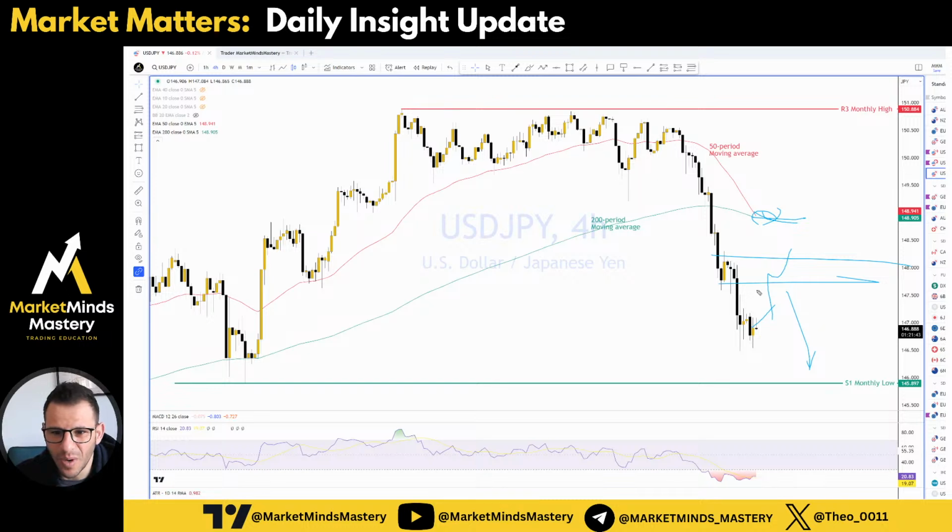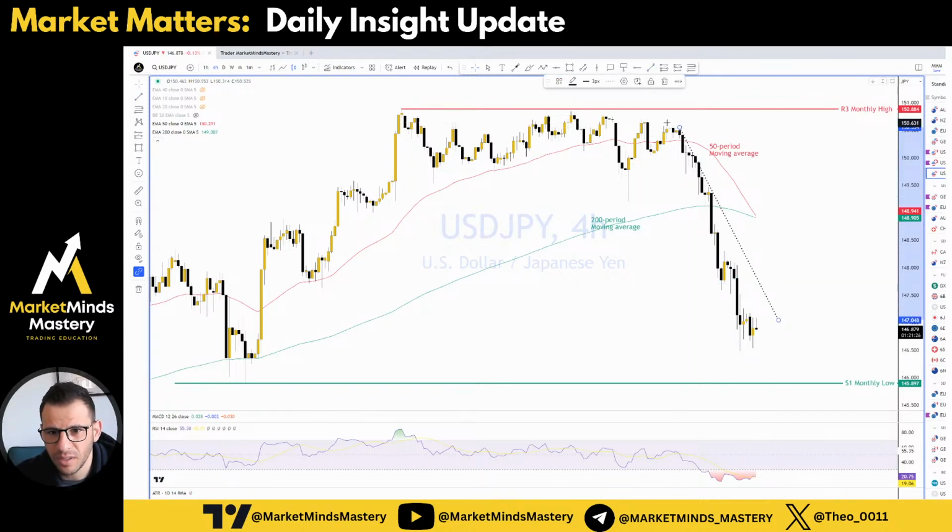But price, honestly, moves in a very steep downtrend and trend line, and it doesn't make it very easy for traders to pick up trades. Here you see, even if we try to create the trend line, it's super steep. We don't know where to pick it up.